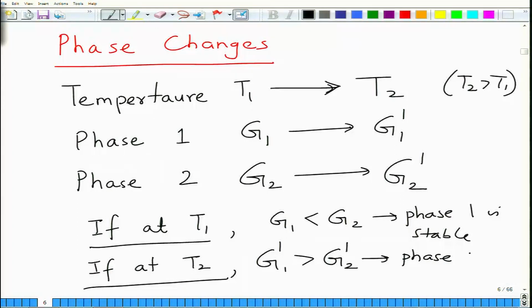So at T2 G1 prime is greater than G2 prime, then phase 2 is stable.